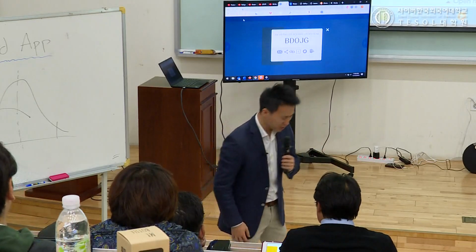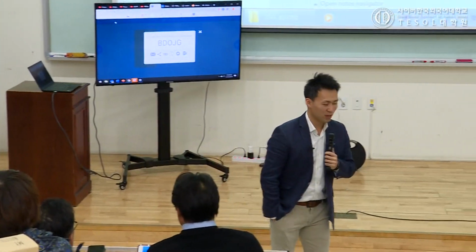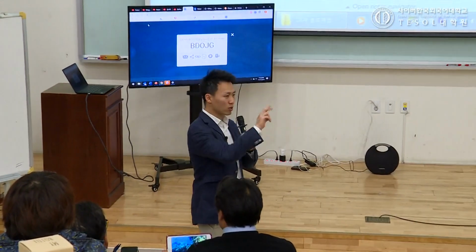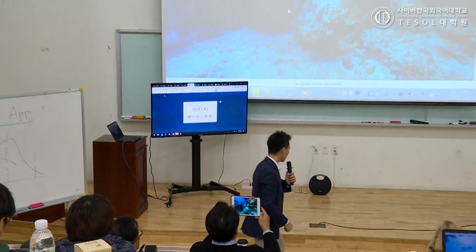So I want to start the lesson with a virtual reality experience. So here on your device, you can use your finger and you can move the screen around.